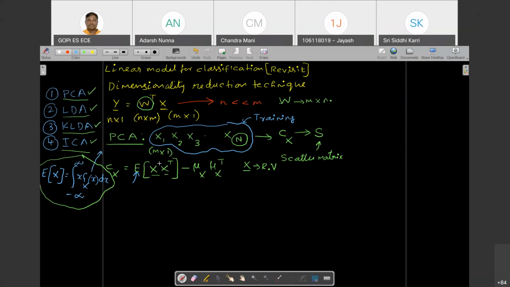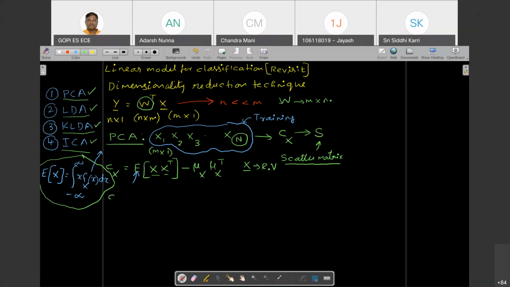It needs to be available. So we are going for the estimate of the covariance matrix, which in pattern recognition terminology we call a scatter matrix.